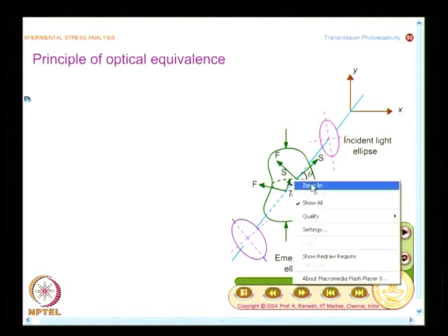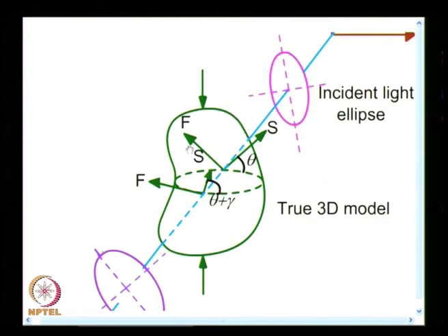What I have here is a 3-dimensional model, and we have seen that in general a light ellipse impinges on the model, and because of the stress distribution along the light path, the incident light gets altered and comes out as some other light ellipse with some azimuth and orientation.